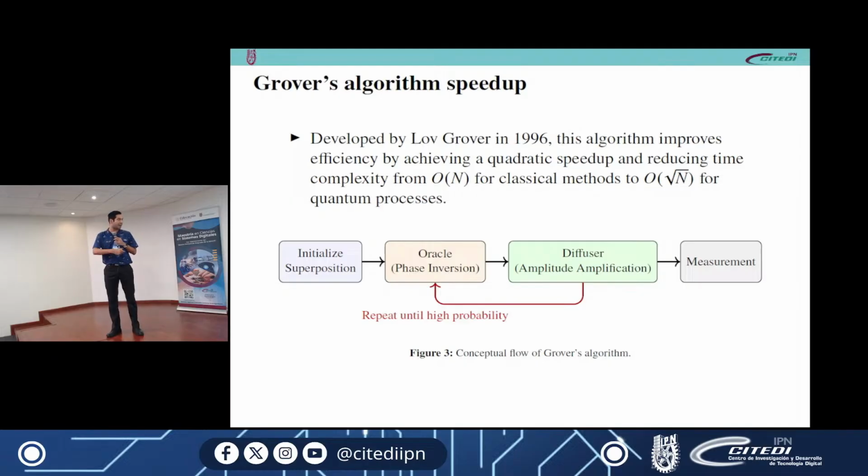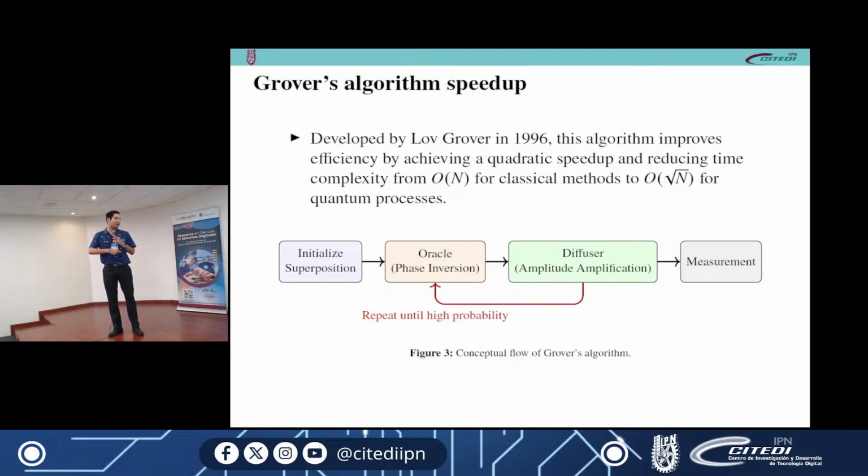We first establish our superposition on n qubits that represent our possible states, right? So we initialize them through Hadamard gates, and then once we put all the states in superposition, meaning that they represent all possible solutions, we then go to the oracle. The oracle considers all possible constraints so that we know what solutions are valid for our problem.